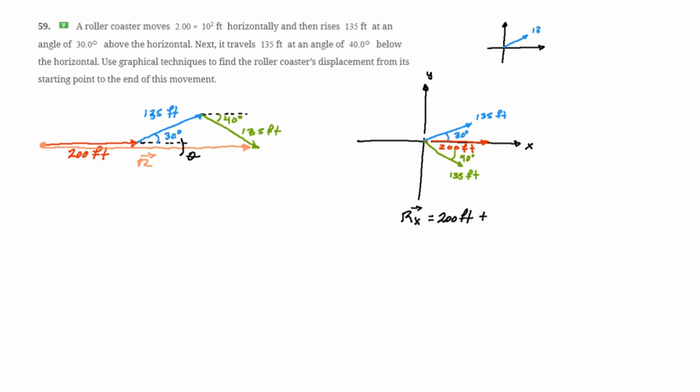And when you make a projection of that vector on the x-axis, that projection looks like this, right? And this projection, if this is the angle of 30 degrees, will be 135 feet, as its adjacent side, cosine of 30 degrees. So you say plus 135 feet cosine of 30 degrees.